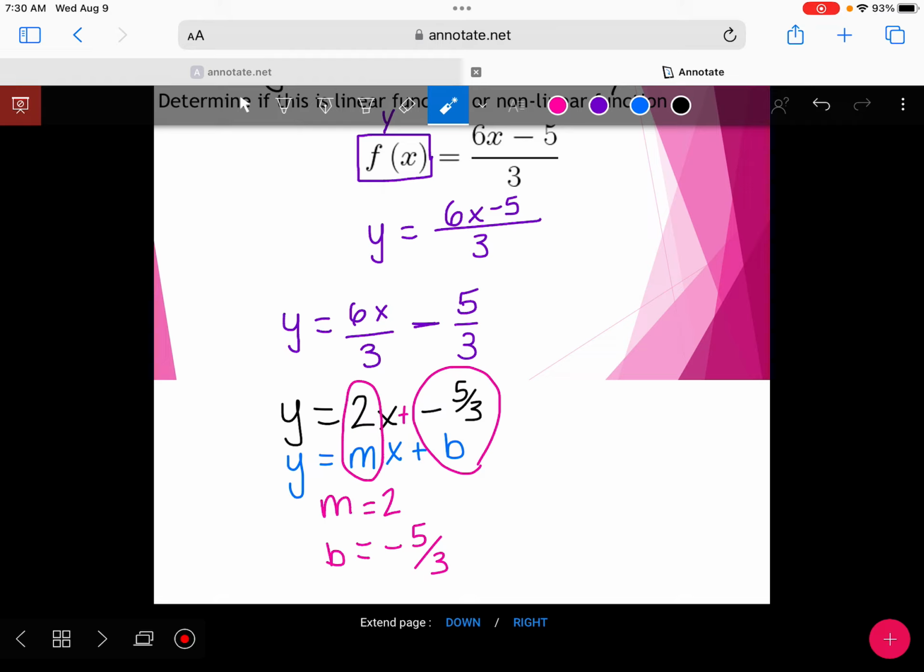Questions on this one? You can make this also look like the standard form, but it's a lot more crossing of the equal sign. So I see a few people writing.